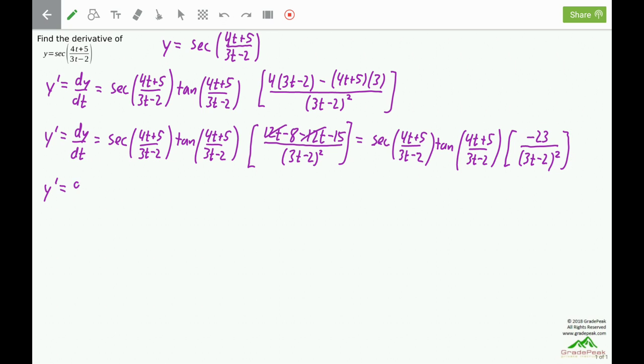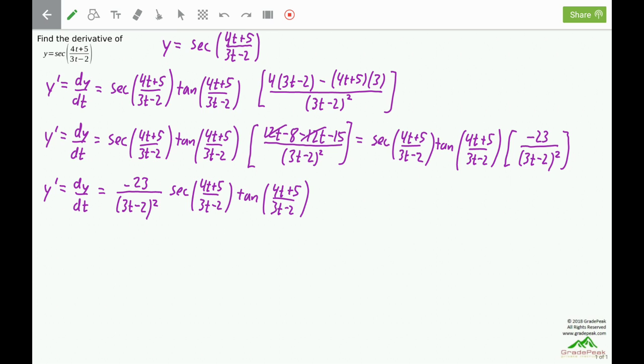So y prime, or dy dt, can be written as a negative 23 over (3t minus 2) squared times the secant of (4t plus 5) over (3t minus 2) times the tangent of (4t plus 5) over (3t minus 2). There's the likely way it'll be written.